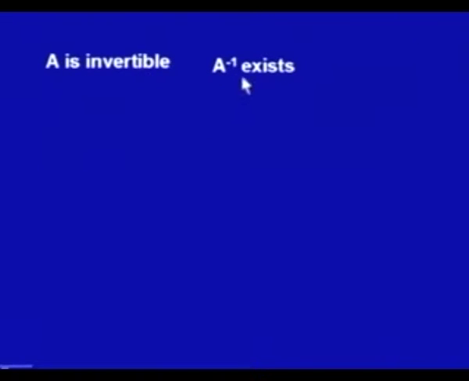That means we can very easily find out A inverse, and A inverse exists. And if A inverse exists, then we can pre-multiply our given equation Ax = b by A inverse, which simplifies to x = A inverse b. So, this expression gives us the solution for the non-homogeneous system Ax = b.